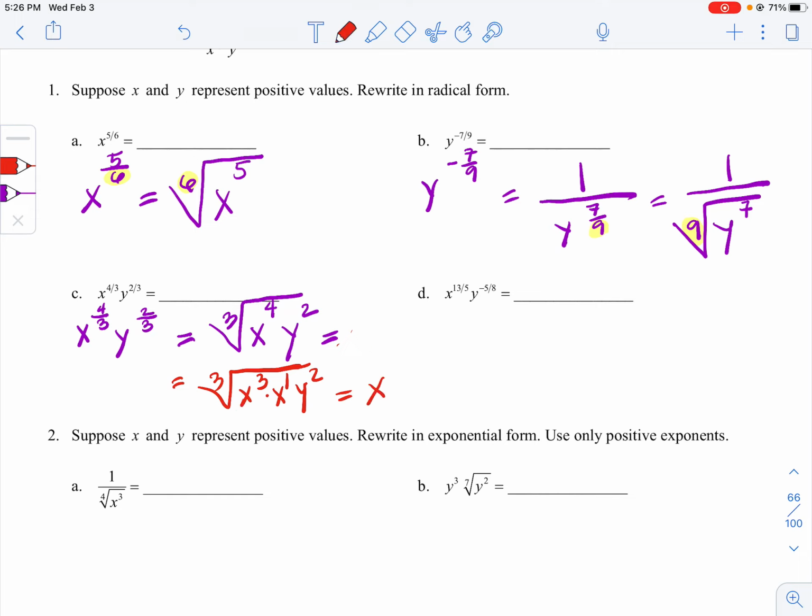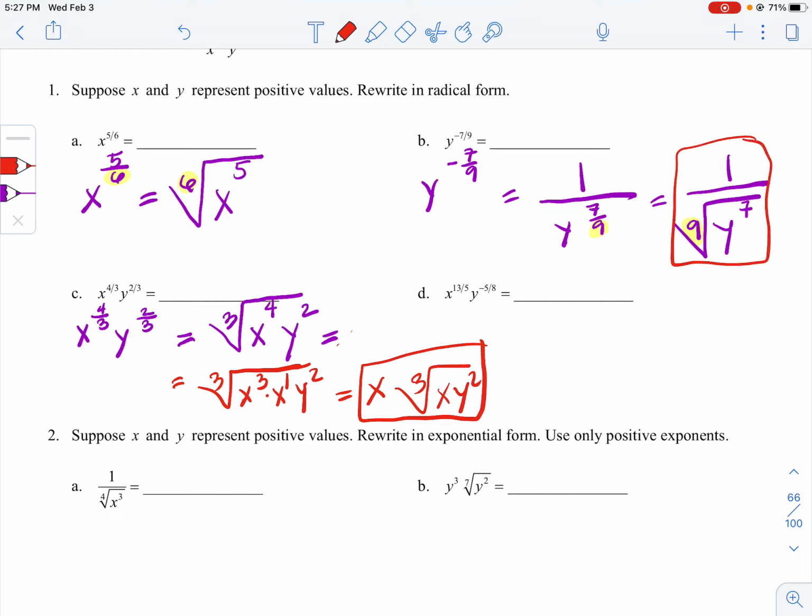So x goes out. I could call that x to the power of 1, or you can just call it x. But because this 3 does not go into the 1, the x stays in. This 3 does not go into the 2, so the y squared stays in. So our final answer is going to be x times the cube root of xy squared.